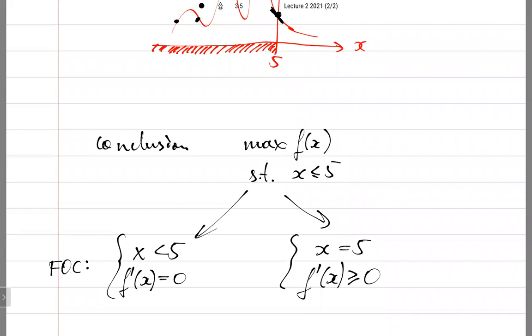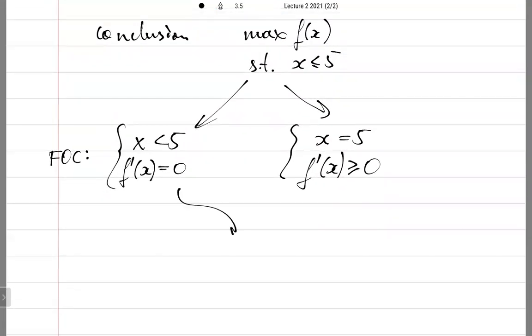Any objections, any comments, any questions? No, it's clear. Okay, now let's write these conditions as one system. Then we have two cases, but let's write them in one system.